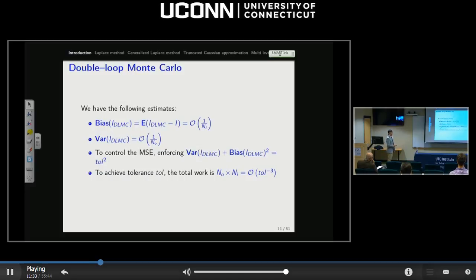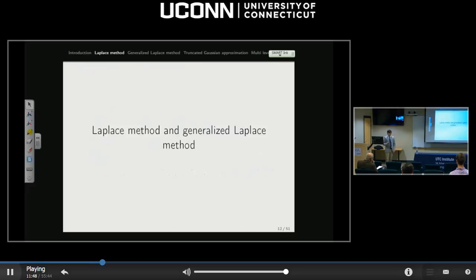It is well known that the Monte Carlo complexity is tolerance to the power of minus 2, so this is worse than Monte Carlo, and people already complain that Monte Carlo is very slow. How to accelerate this computation and reduce the complexity of the estimator is what I'm going to talk about.